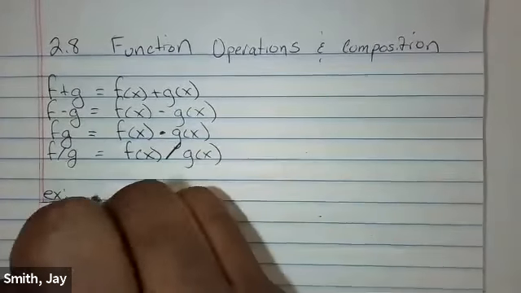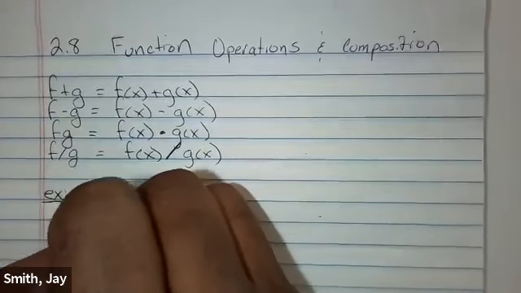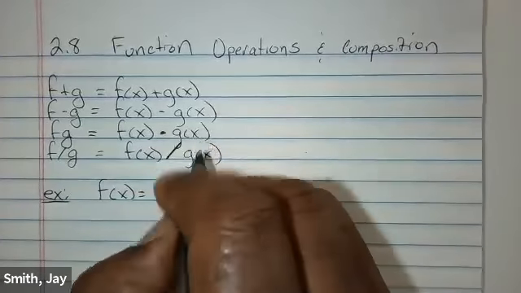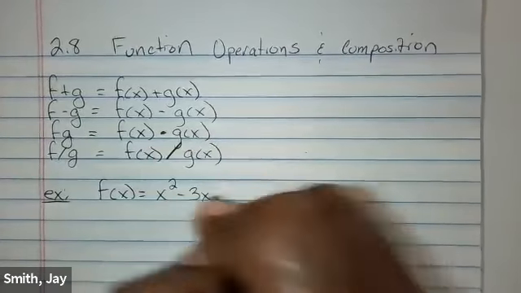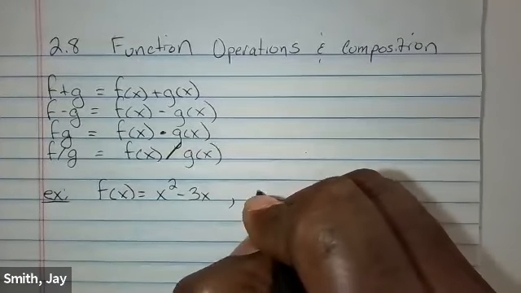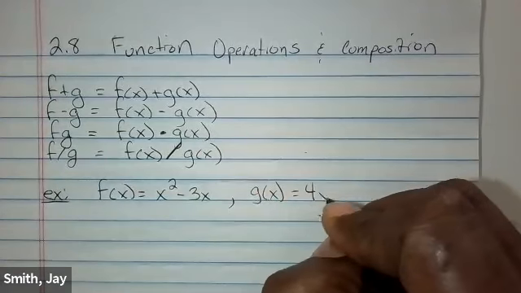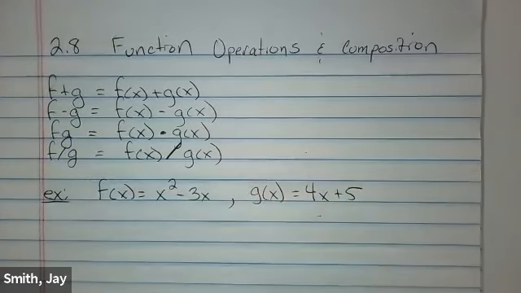All right, so an example is that we're given the function f of x, which is x squared minus 3x, and g of x, which is 4x plus 5.